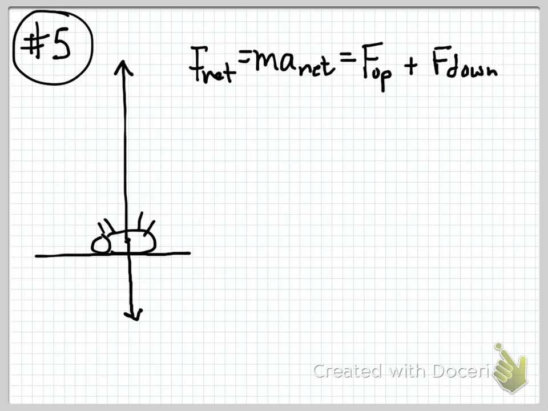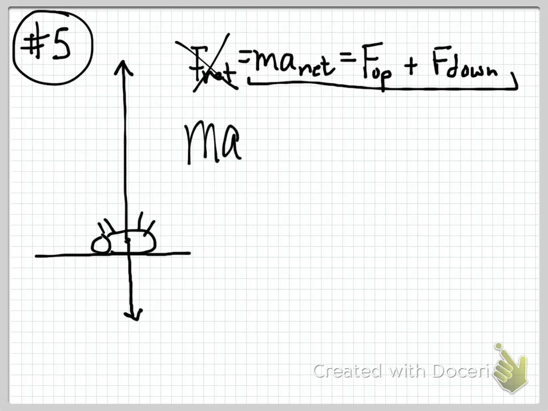Okay? Conceptually, this is good so far, right? Okay. True statements. So we can scrap that. And there's the part we're working with. So we know that Bob's mass times his net acceleration is equal to forces up plus forces down.